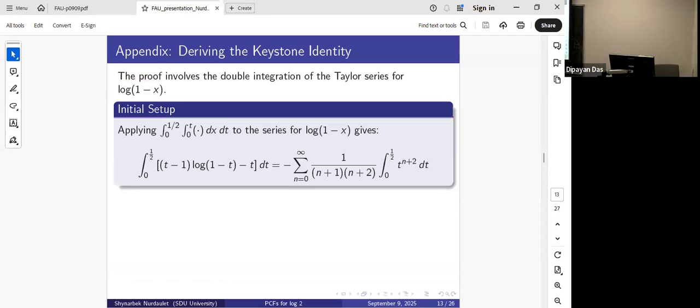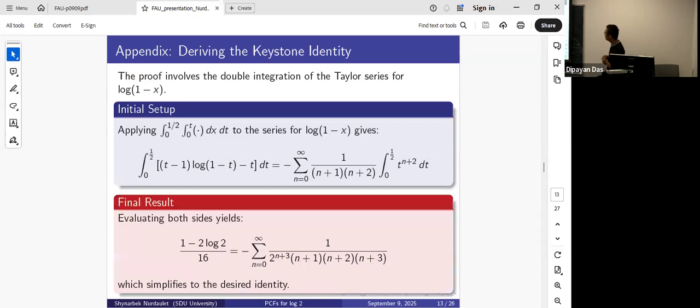We take a Taylor series representation of the logarithm, take double integration from both sides, since we have here log 1 minus t, and we use 1 divided by 2 as one of the limits. And double integrating it, we find out that 1 minus 2 log 2 divided by 16 is equal to this value. So if you do some algebraic manipulation, what can we do?